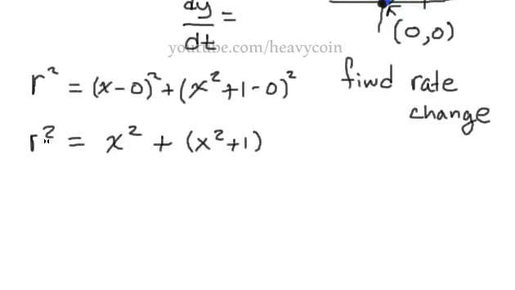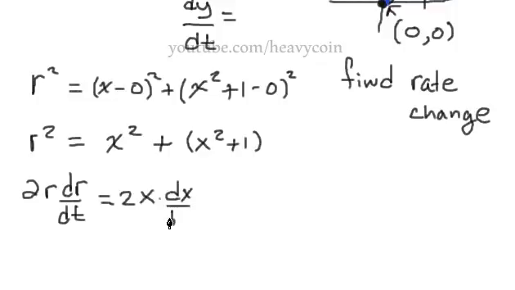So the derivative of r squared is going to be 2r, and then I'm going to write dr over dt. dr over dt, that's what we're trying to find, is equal to 2x times dx over dt plus, now I noticed I forgot to carry my power here.